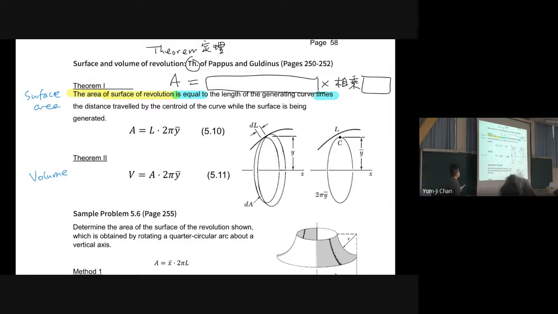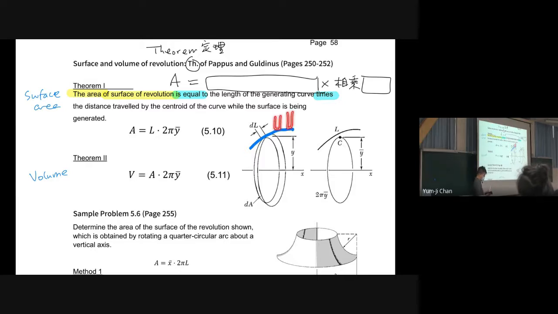Now, here we have some words that are only used in this paragraph. This is the path. For example, if we use a lathe, this is the path of the cutting tool, right?